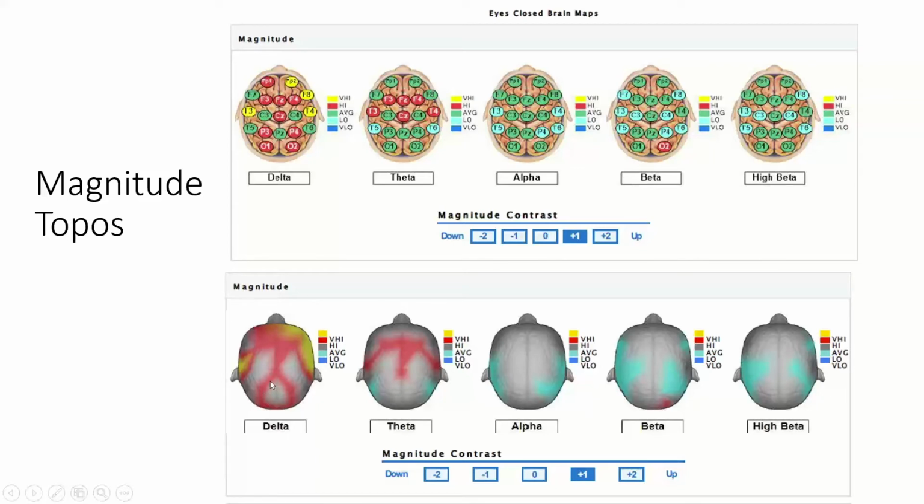Now, with the other topos, they interpolate everything in between. And that can cause, from a pattern perspective, as a human being, misinterpretation and misjudgments. So we're narrowing the interpolation areas to try and keep that from happening.